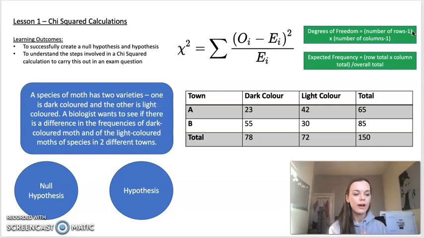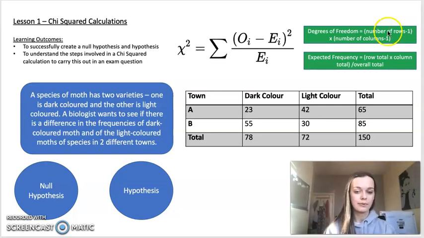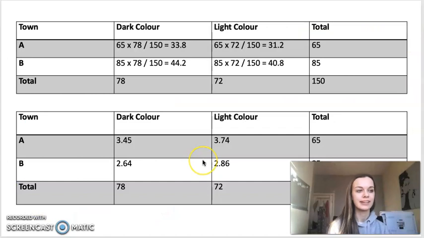A chi-squared test needs you to know the critical value, which is normally given in a table within the exam question, for the probability level you're testing for, which is either 0.05 or 0.01. A chi-squared value equal to or greater than the critical value means you have a significant result and you can therefore accept the hypothesis.